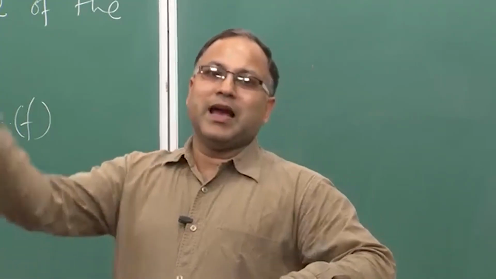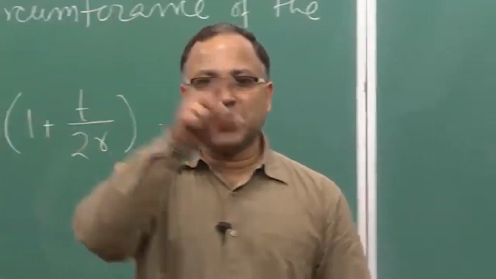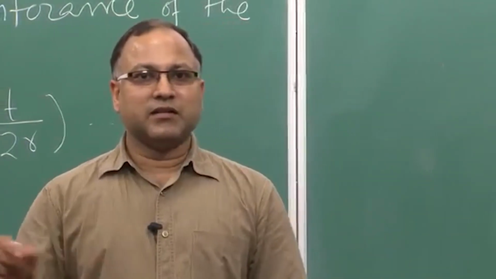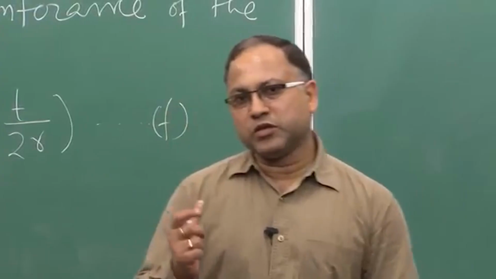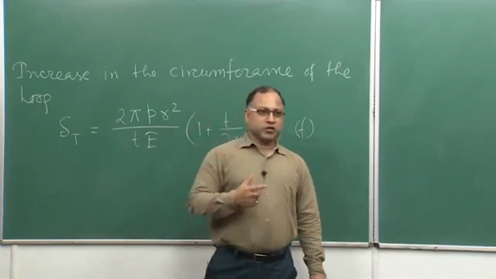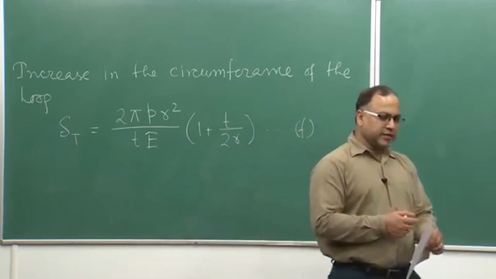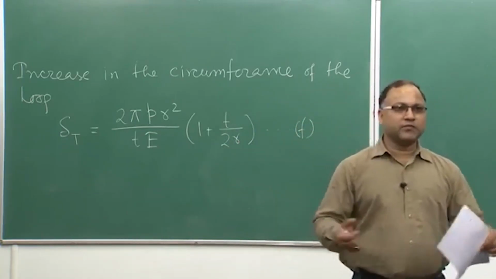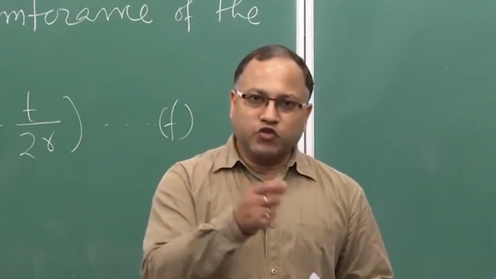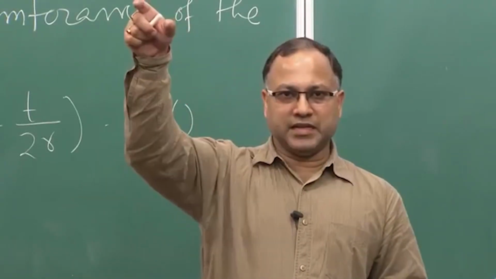Now, with that increased circumference, if you remake the hoop, you will get the radial expansion. So this increase in the circumference will map to the radial expansion.